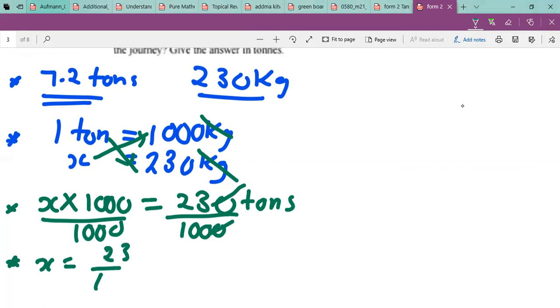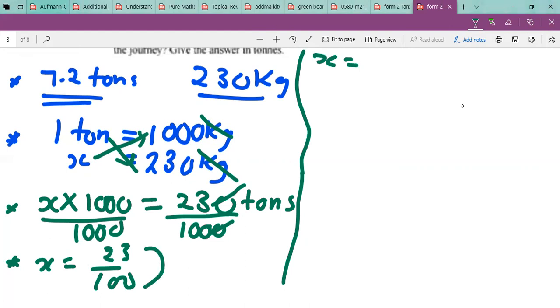What that means is, you're going to say x is equal to 23 divided by 100. 100 into 23 is a 0, you add a point, and after adding a point you add a 0 here.